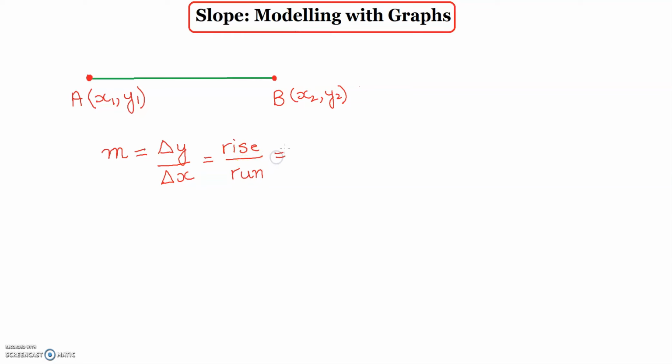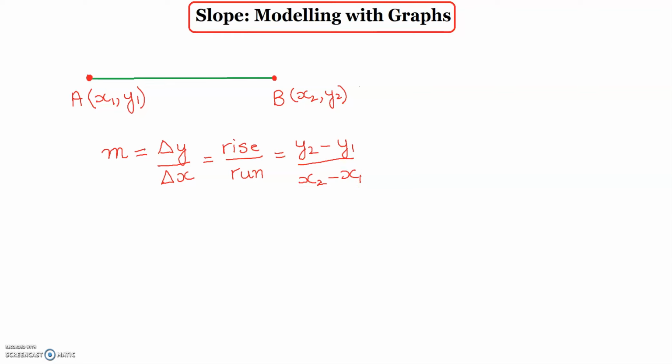When two points are given, I can write y2 minus y1. As I just said, difference means we are subtracting the y values. Now we are subtracting the x values, x2 minus x1. Therefore, this is the formula of a slope.